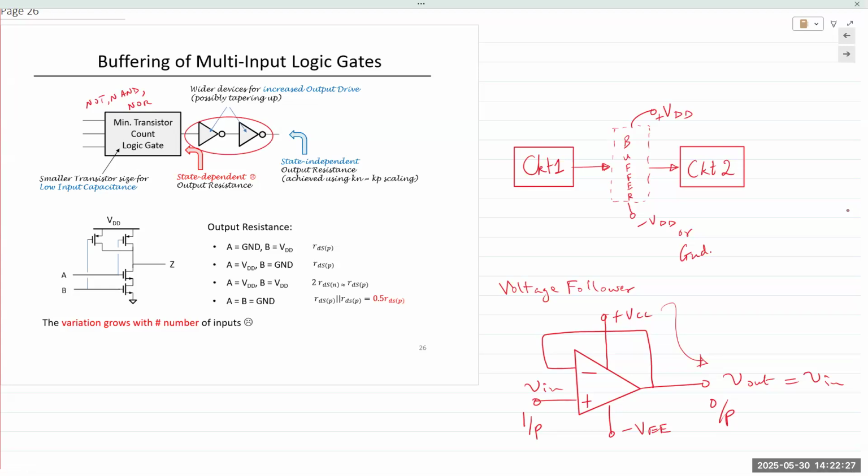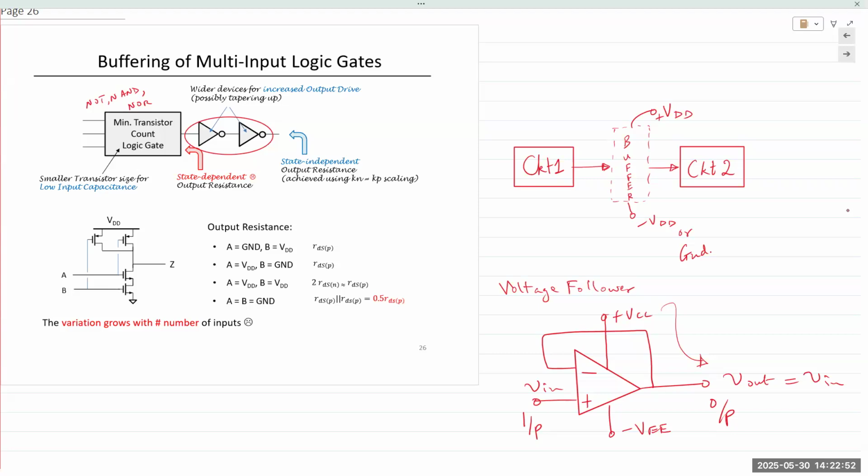If you take a logic gate, let's say a 2-input NAND gate, and you connect the inputs like 0, 0, 0, 1, 1, 0, or 1, 1. Well, when either input is 0, 1 or 1, 0, then the output resistance is fixed, it's determined, it does not vary.